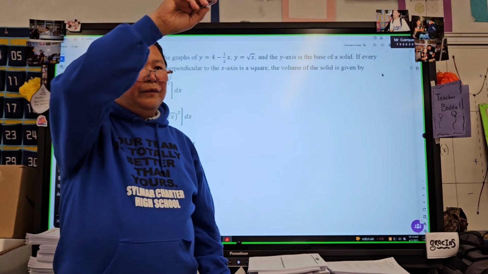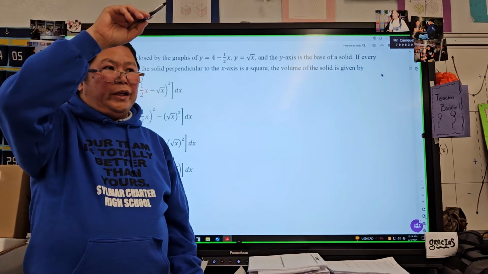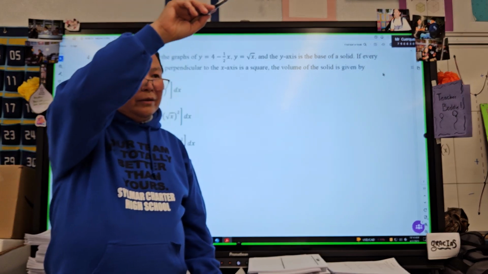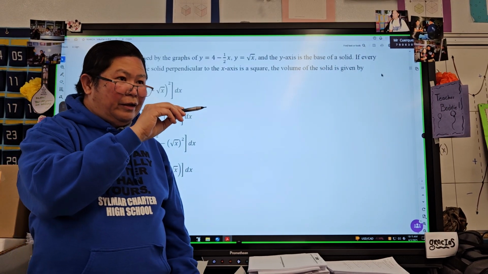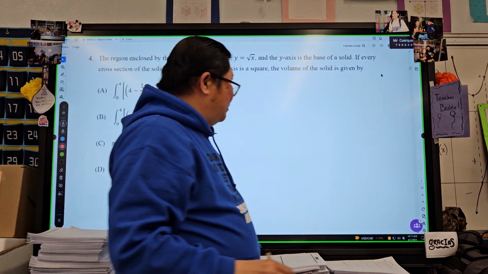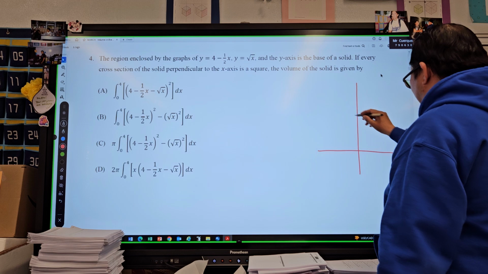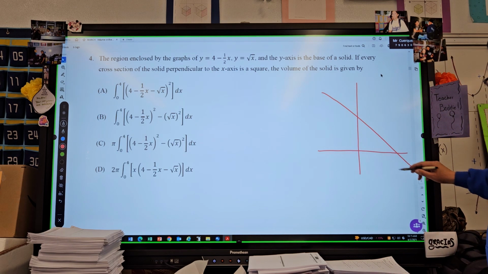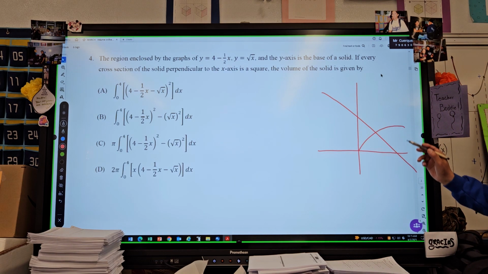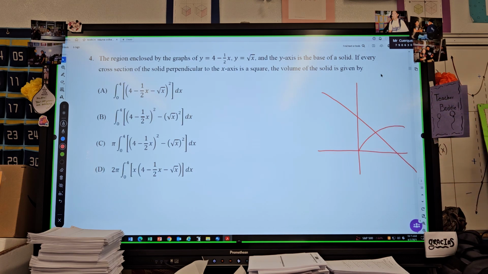Negative. So then it will be an intersection between the line that is decreasing and a square root. Can you imagine now? We have a line, negative slope, and a square root.